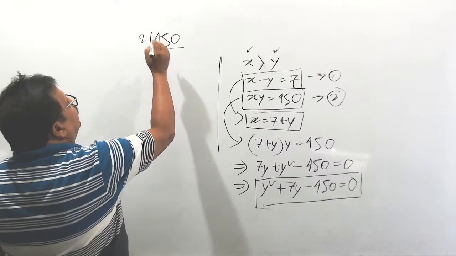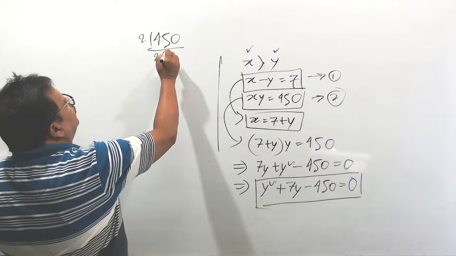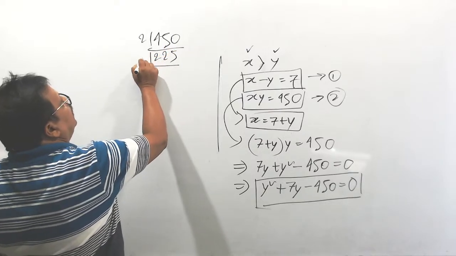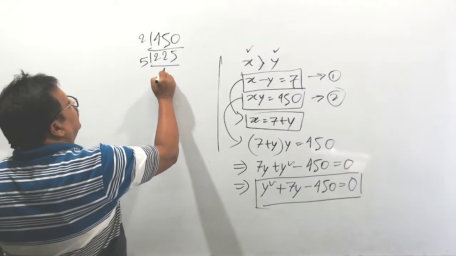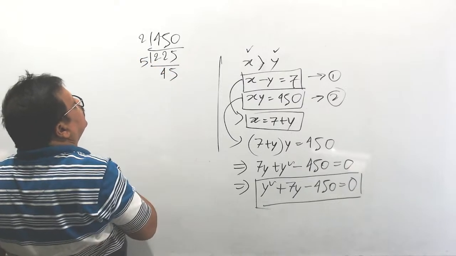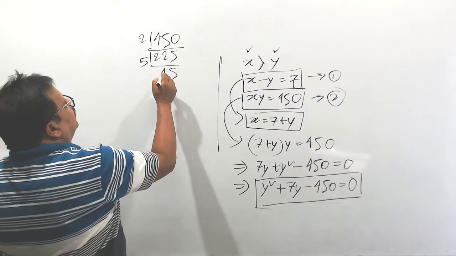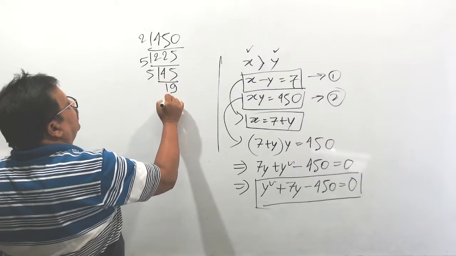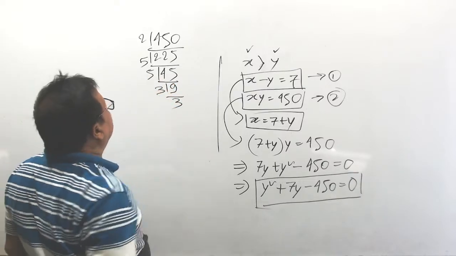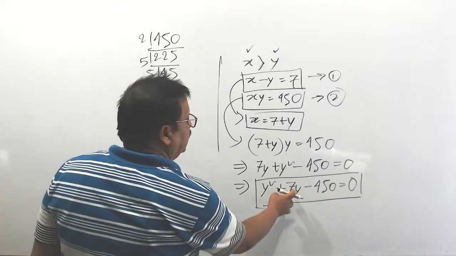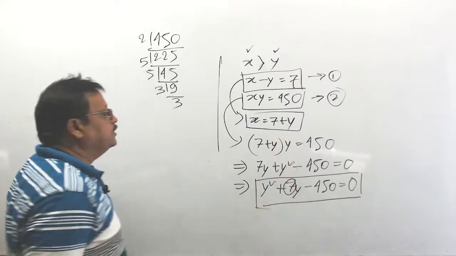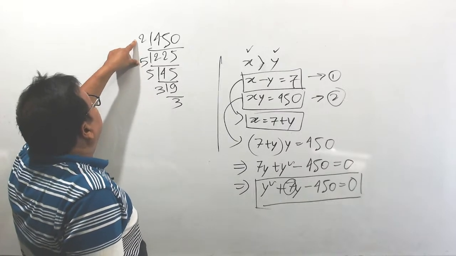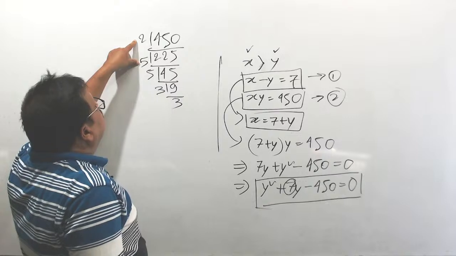Then again by 5. Now you have to bring 7, the middle coefficient. How will you bring 7? See here. By combination, you have to check.